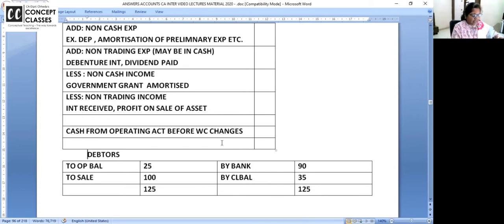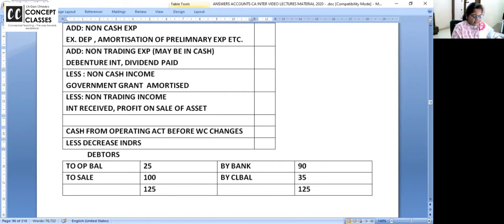Look at this. I'll write here. Less decrease in debtors. I'm going to solve many problems, and every problem I'll do analysis, but I'm just saying, sorry, not decrease, absolutely wrong, sorry, increase in debtors, 25 minus 35, more money blocked in debtors, so 10 rupees, minus it.